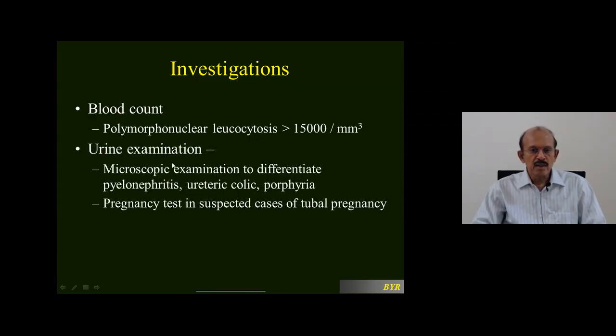Urine microscopic examination is done to differentiate it from pyelonephritis, ureteric colic, and porphyria. In these conditions the urine will show certain changes, but in acute appendicitis the urine will be completely normal. Then a pregnancy test in a suspected case of tubal pregnancy. Not only suspected cases, in all married women who are fertile, you must do a pregnancy test.